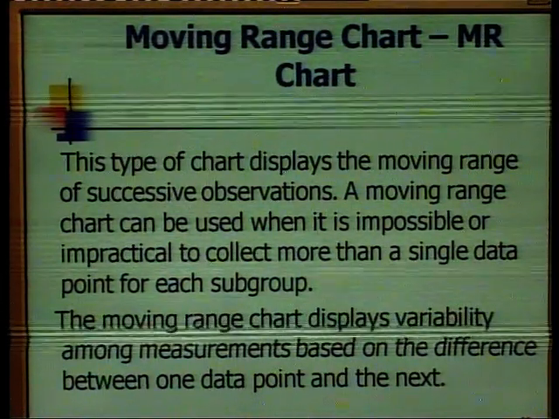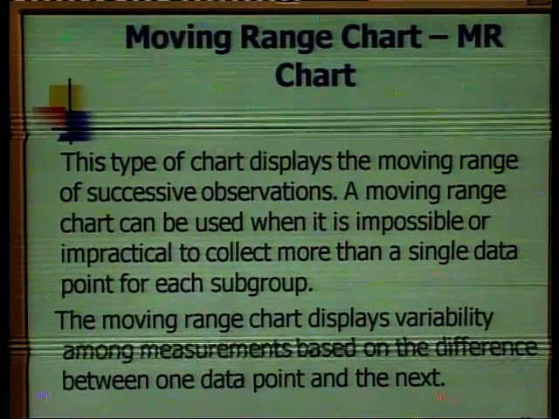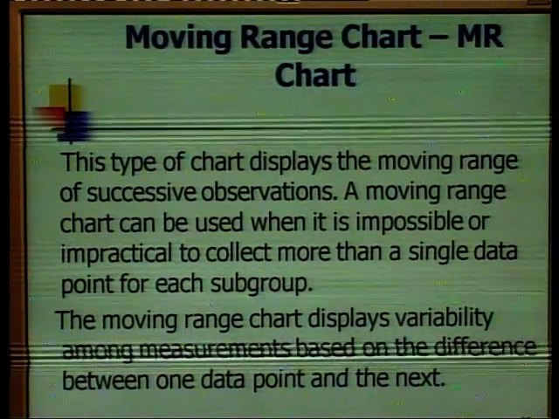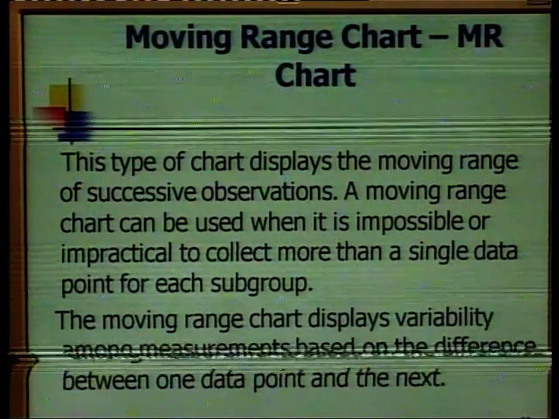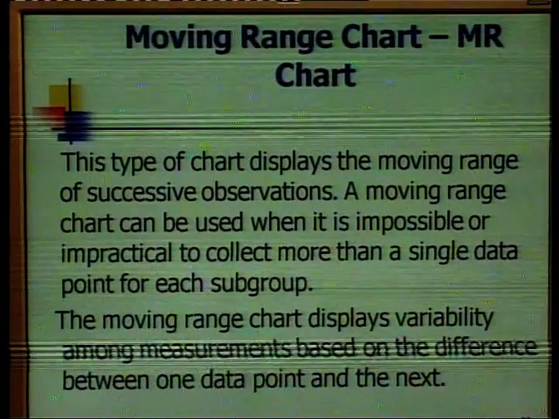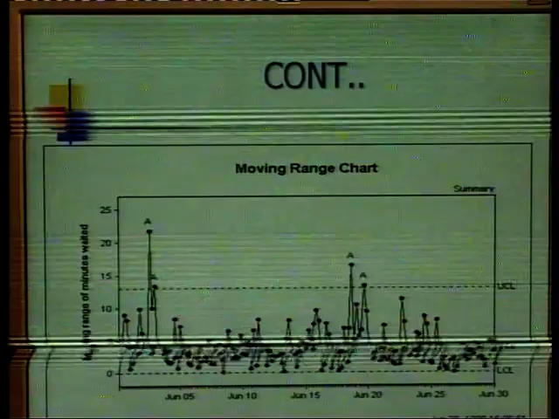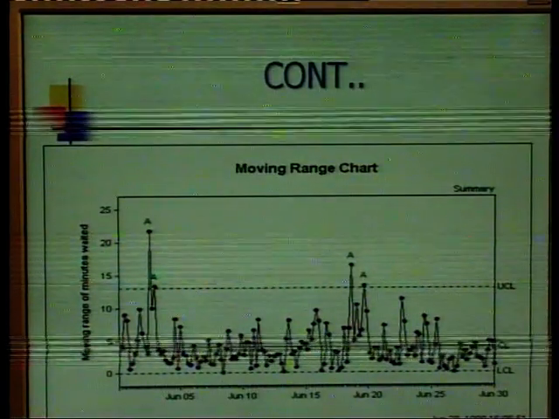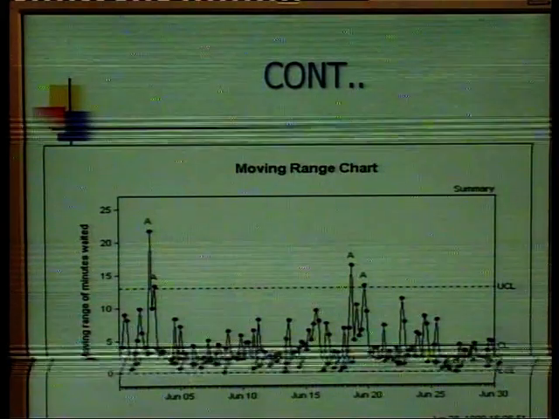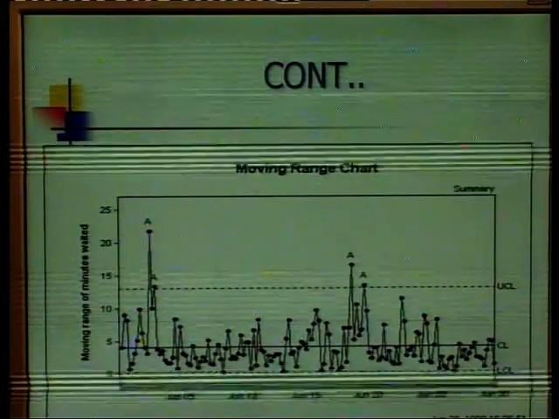The moving range chart displays variability among measurements based on the difference between one data point and the next, which means the difference between the higher and the lower value gives us the range, and by plotting it on the chart we get the moving range chart. This is the moving range chart. It shows the difference between the higher and the next lower value, which is being plotted on this chart.